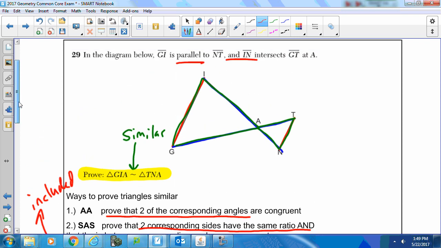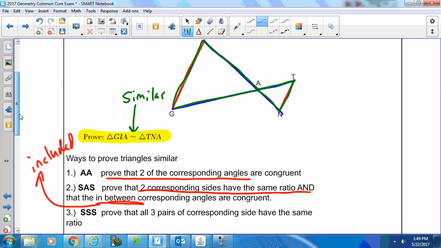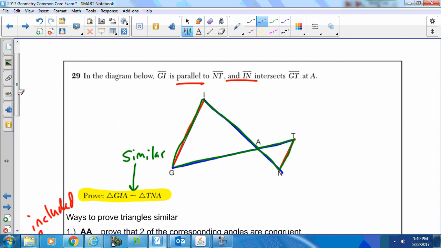So let's look at this information that we have. It says that GI is parallel to NT. Well, they tell you that for a reason. So I'm going to label this. Remember, you can mark your picture with those little arrows to indicate that they are parallel.